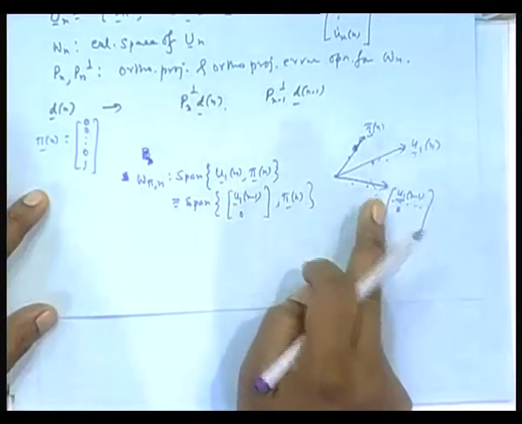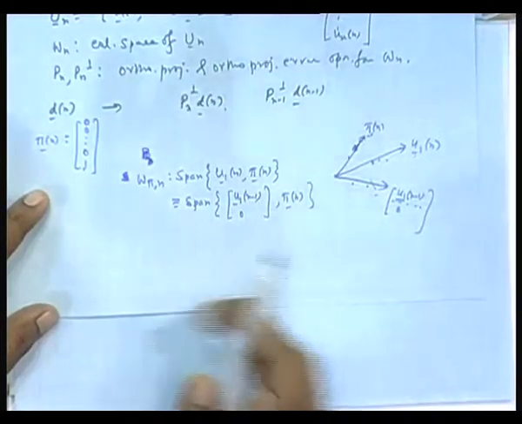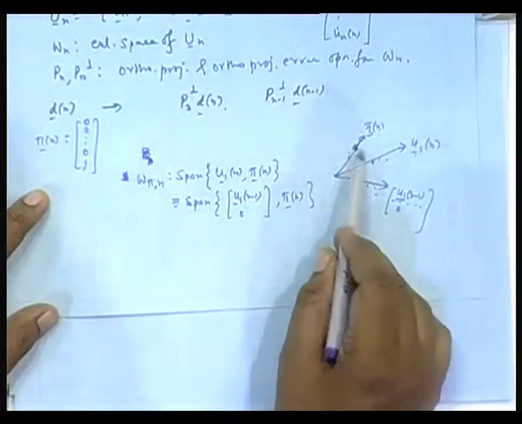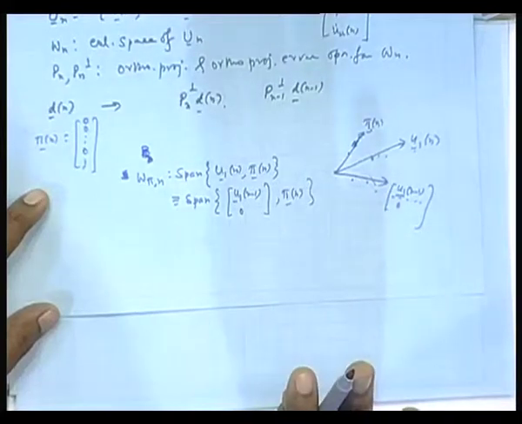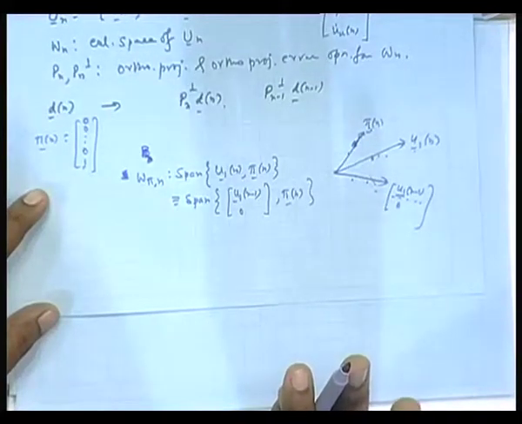This is what we proved here, isn't it? This space I am calling W pi comma n. This space is W pi comma n.